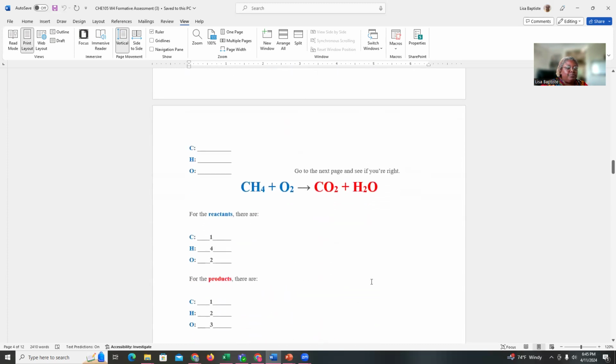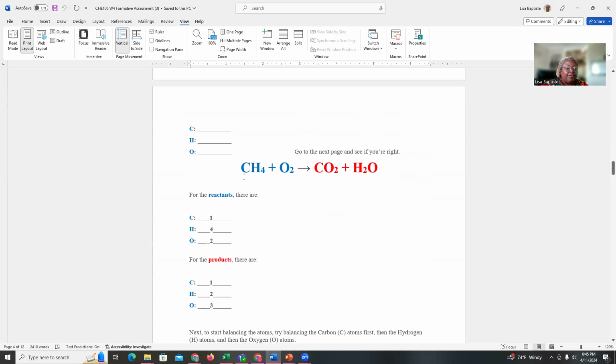Let's scroll down a little further. For carbon on the reactant side, there's one, because anytime you have no visible number, it's understood to be one. We look at hydrogen, we have four, so it's four hydrogen. If we look at oxygen, we have two, so two oxygen.